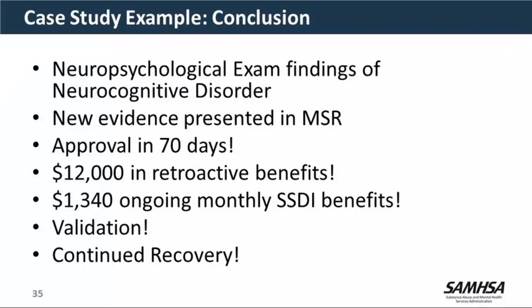Another bonus of this situation is that his therapy teams gained insights into his conditions based on the findings from the neuropsych evaluation. So it was just all around a really positive outcome for a man who spent years in a really stressful situation.